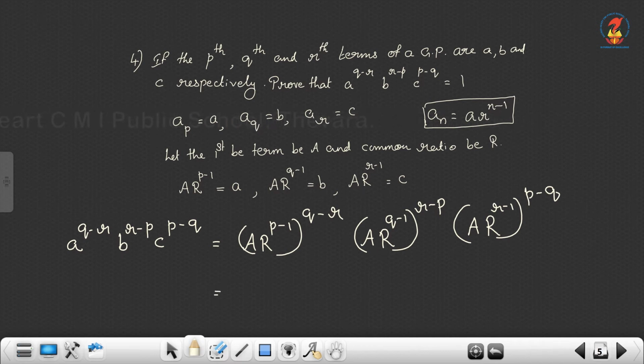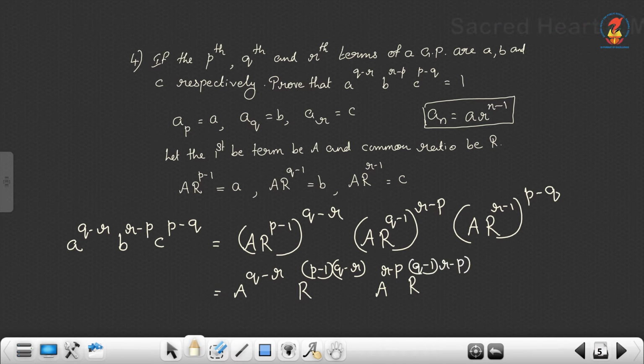So the whole raised to means A raised to q minus r, then R raised to p minus 1 into q minus r. Now A raised to r minus p into R raised to q minus 1 into r minus p. A raised to p minus q into R raised to r minus 1 into p minus q.